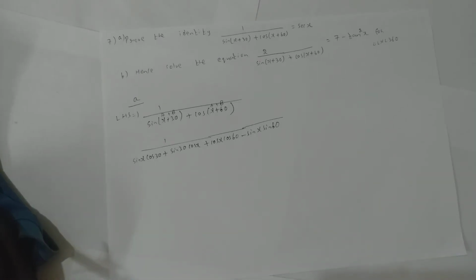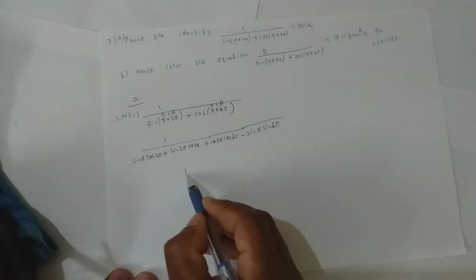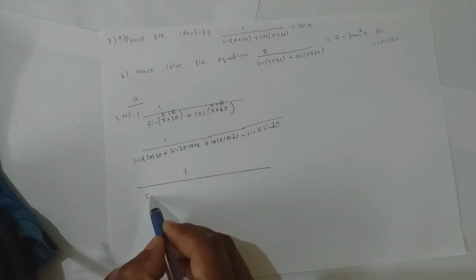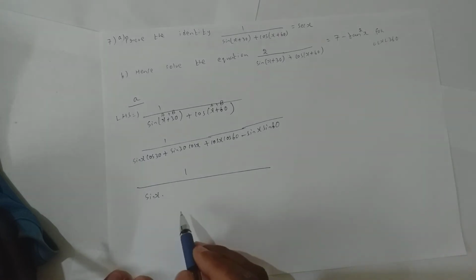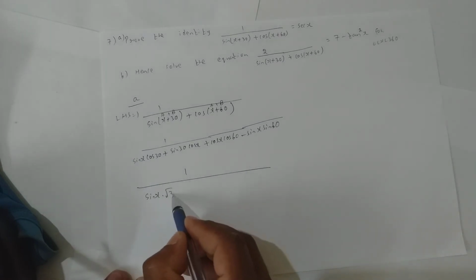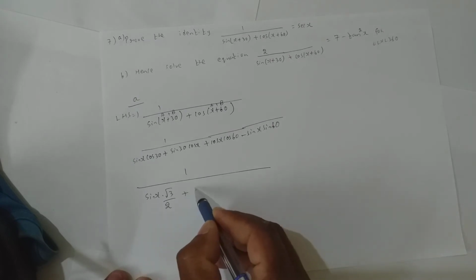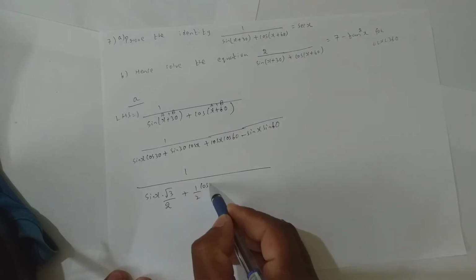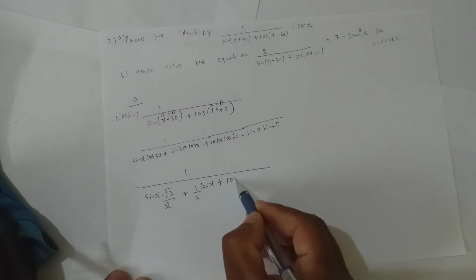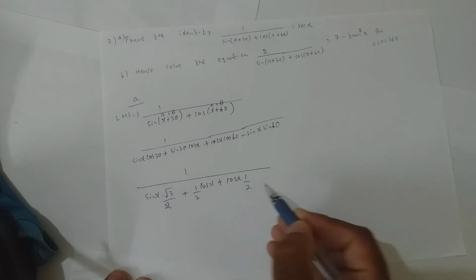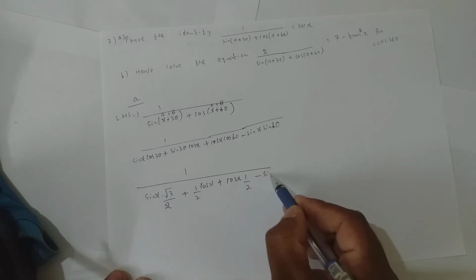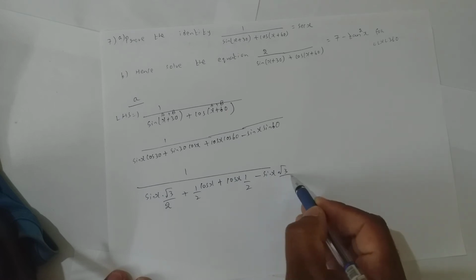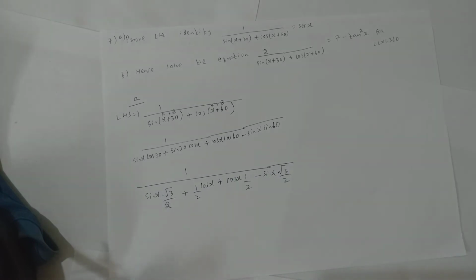Clear till here? Now next, 1 by sin x. How much is cos 30? Root 3 by 2. How much is sin 30? Half cos x. How much is cos 60? Half. Minus sin x into how much is sin 60? Root 3 by 2. Looking at it, what gets cancelled?